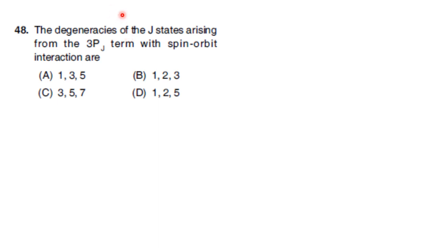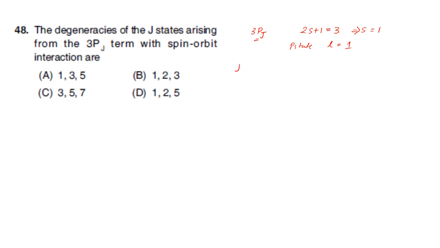The degeneracies of the J states arising from the 3P_J term with spin orbit interaction are: given that the term is 3P_J, 2S plus 1 is equal to 3, that indicates S is equal to 1. And for the P state, the value of L is 1.